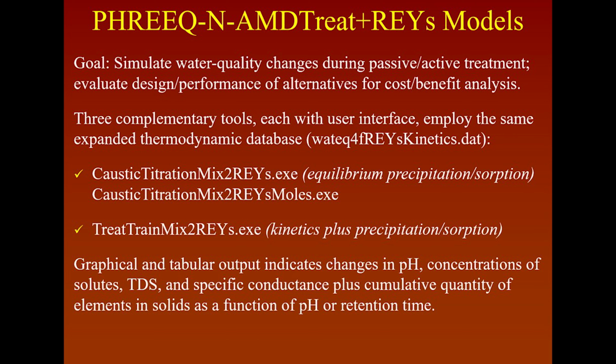So this gives us some flexibility to consider different treatment strategies. And with respect to the rare earth elements and other elements, we might select a treatment strategy that allows us to recover and concentrate those as, let's just say, a byproduct of our primary goal, which is to get clean water.